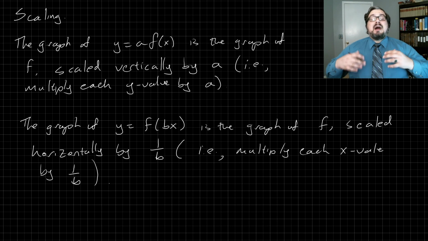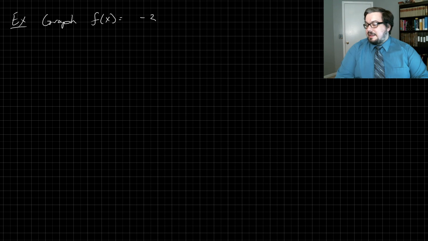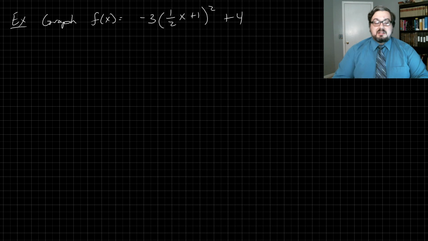All right, let's combine all of these together and look at the function that we were dealing with as our example at the beginning. Let's graph the function f of x, which is -3 times 1/2 x plus 1 squared plus 4.